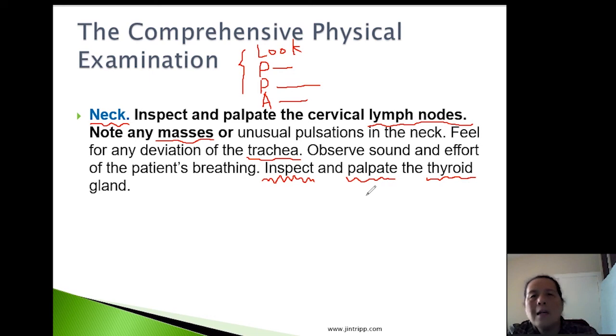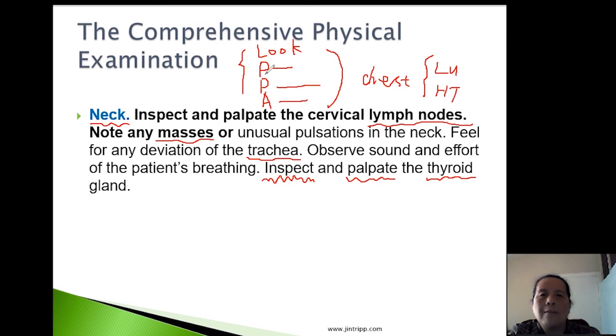In other parts, especially the chest area, for the lung and the heart, basically we need all 4 ways to check it. So that's the physical examination way. For the neck, we only use inspection and palpation.